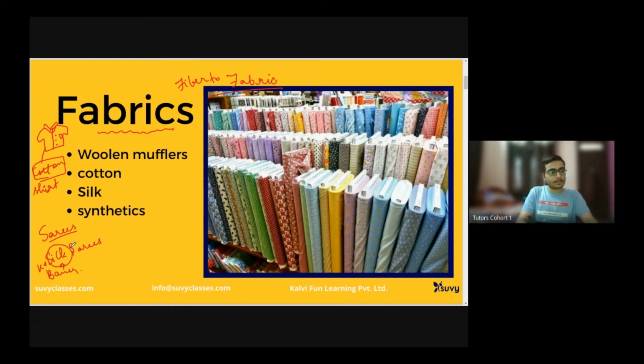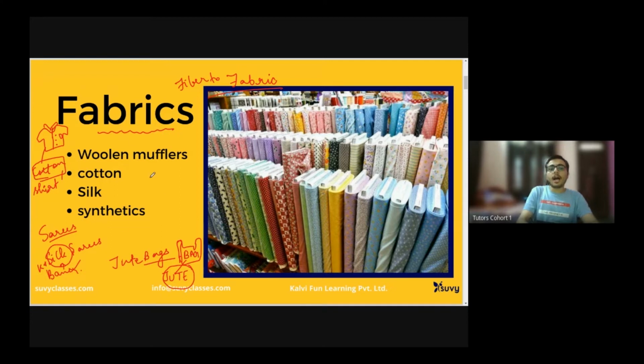Silk saris, or jute bags. Have you heard of jute bags? A bag is an object where we keep things, right? This may be made of jute. What is jute? What is silk? What is cotton?